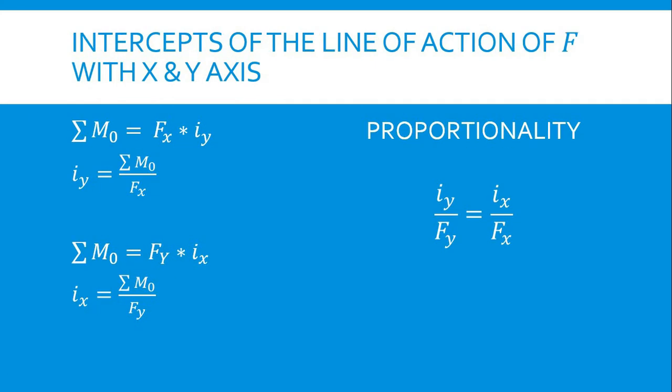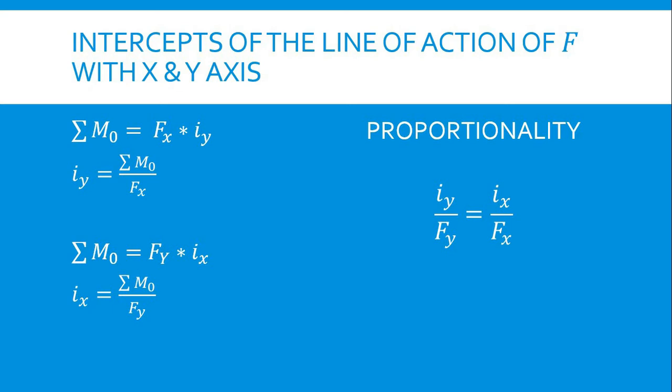So for the intercepts of the line of action of F with the X and Y axes, this will be the formula for getting Iy and Ix. Summation of moments is equal to Fx multiplied by Iy, so Iy is equal to the summation of moments over Fx.